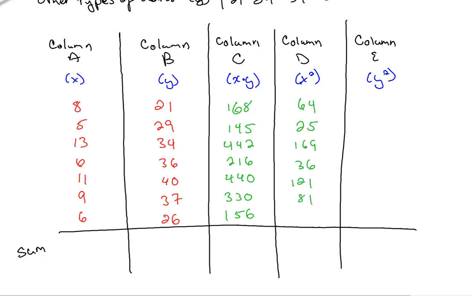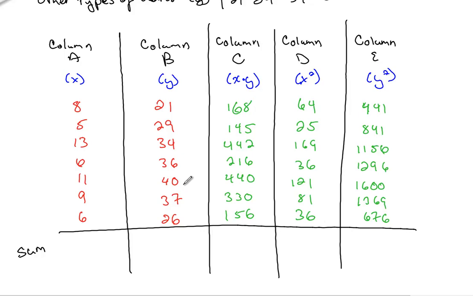And then the other values for that. And then my Y squared is 21 times 21, which is 441. And then my other values where I'm taking Y and multiplying it by itself. So like this one would be 40 times 40, 37 times 37, and 26 times 26. Okay?